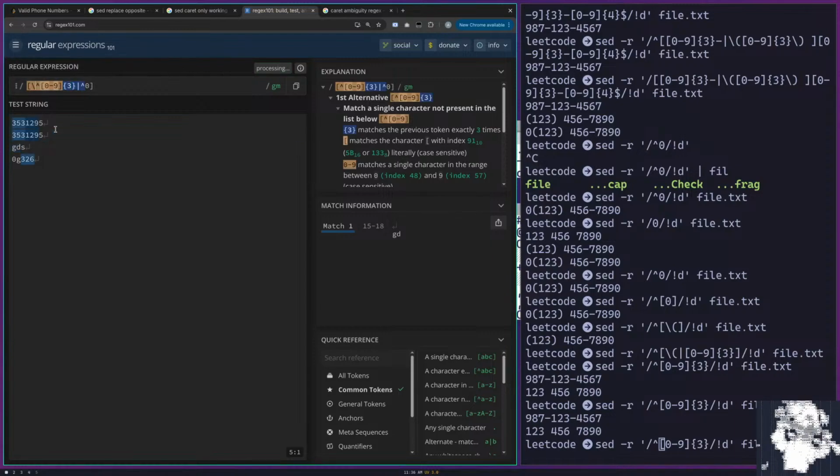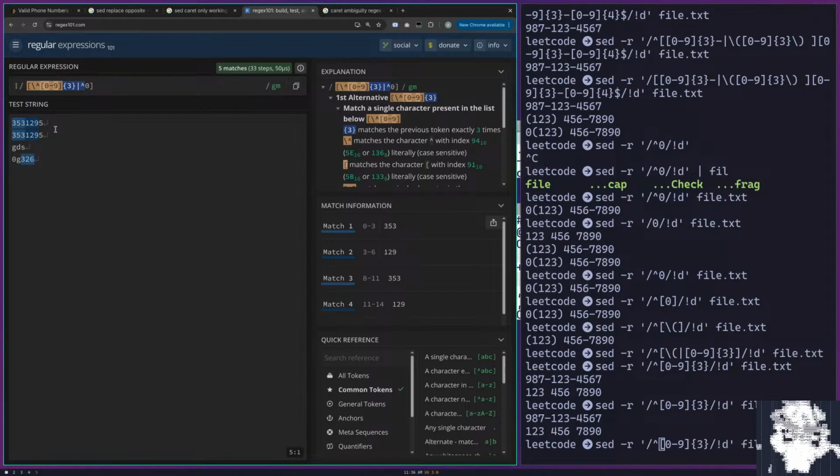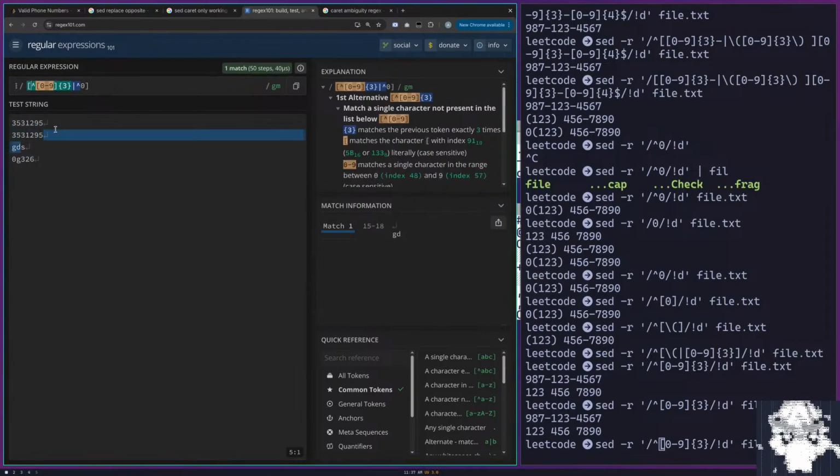I can't say slash, because then it means a literal caret. Well, why is that working? Oh, come on, why?